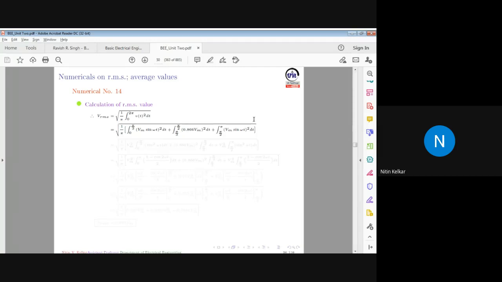I have substituted the proper expressions, and then I have calculated the further simplification part also.